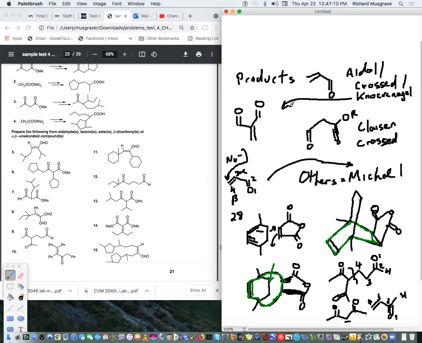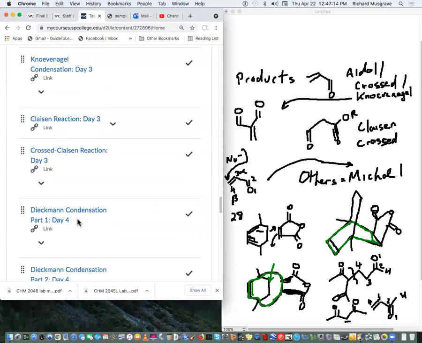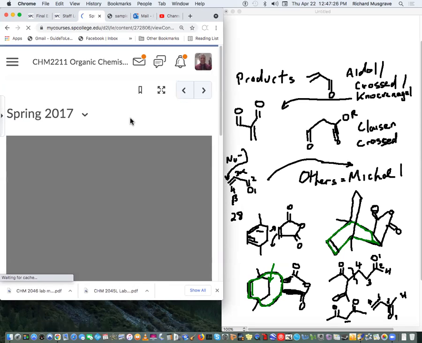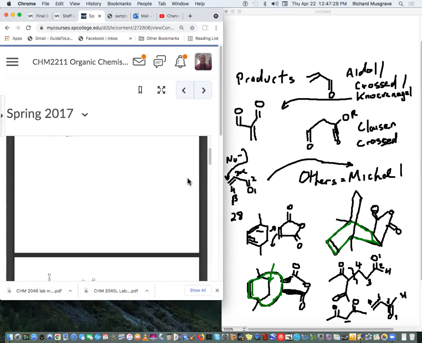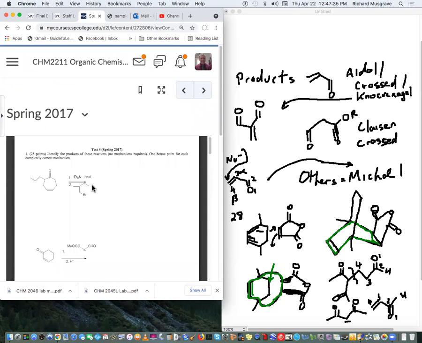Okay, so let me go back to, and I'll get a test here. I'm just going to pick a random one. We'll look at this, spring 2017. Looking at the reactions here, that's an addition specifically to this carbon.